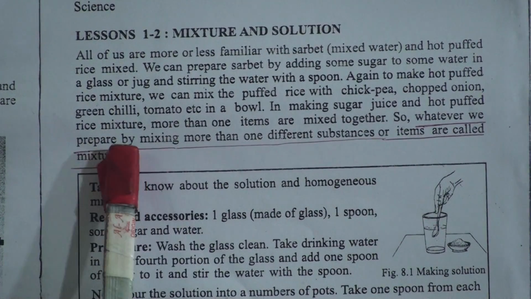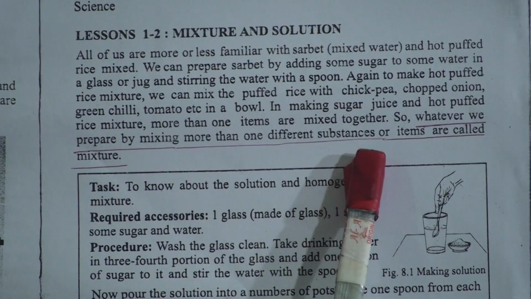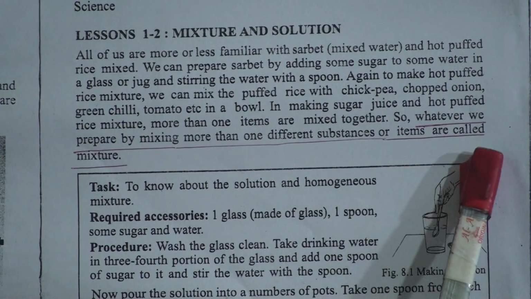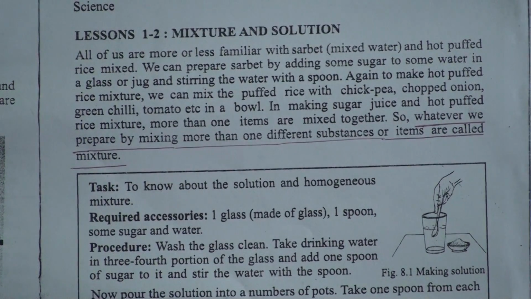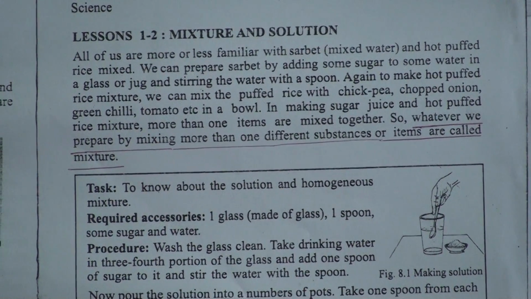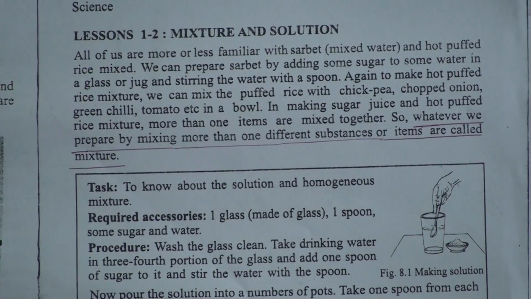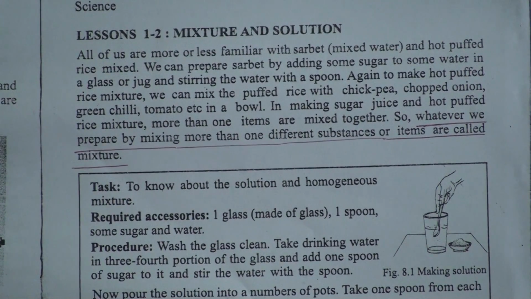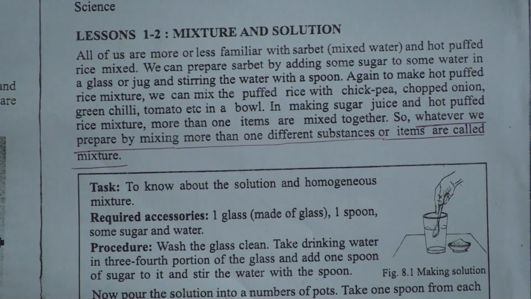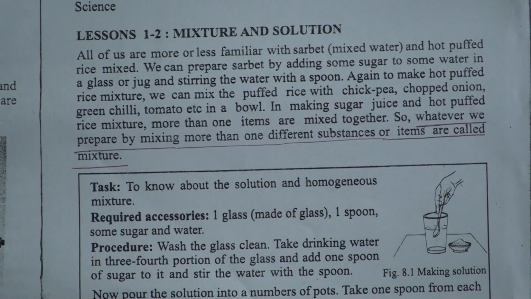When we take 1 glass of water, then pour 1 teaspoon sugar into it, give some lemon juice with the water and mix it, we make a mixture. We call this a sherbet.